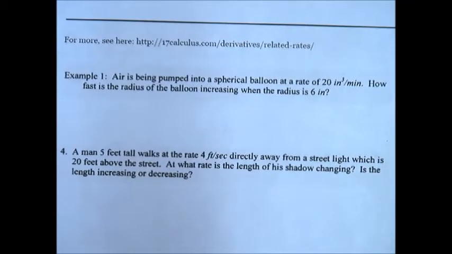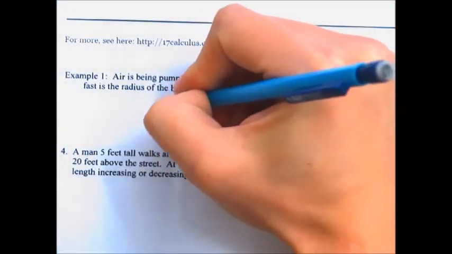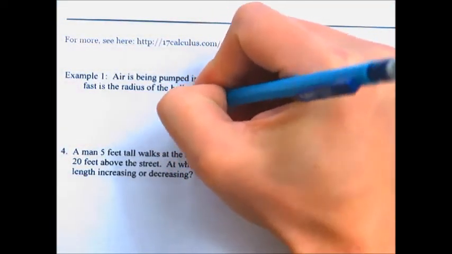Alright, the first one is air is being pumped into a spherical balloon at a rate of 20 inches cubed per minute. How fast is the radius of the balloon increasing when the radius is 6 inches? Okay, so first thing we got to do is know the volume of a sphere, which is 4/3 pi r cubed.